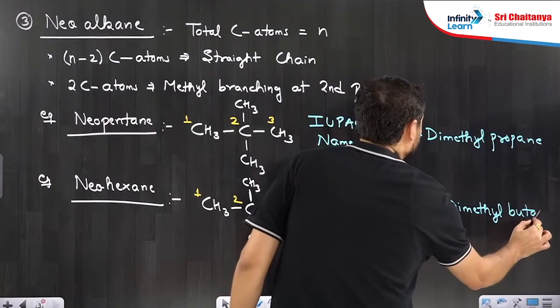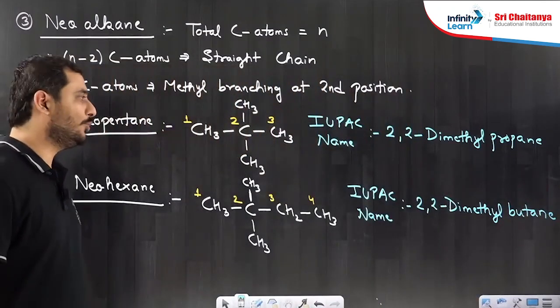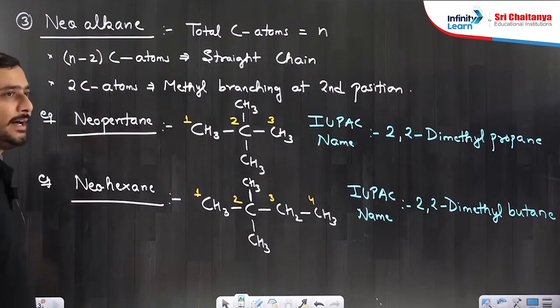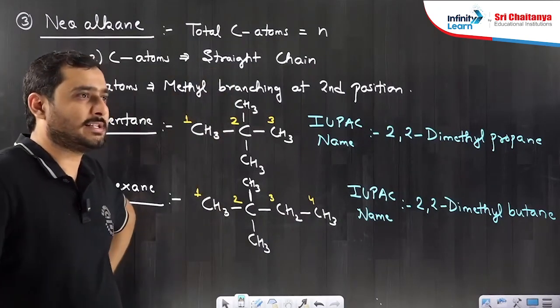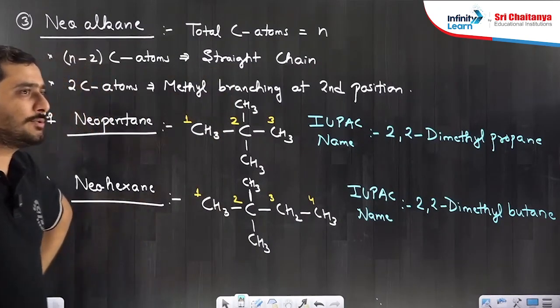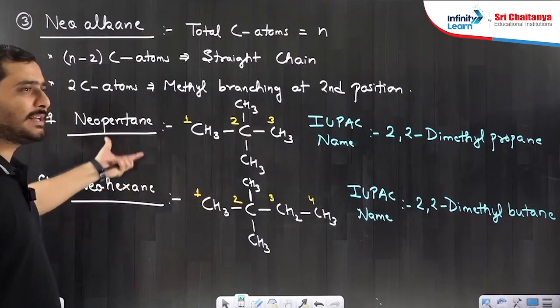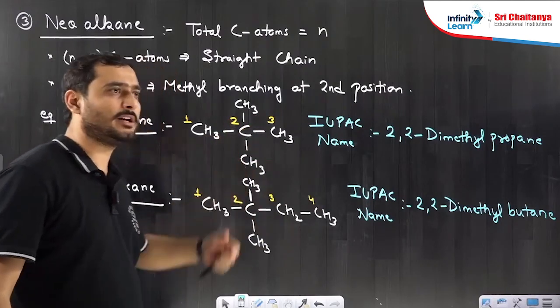But, and for single bond it is ane. So it is 2,2 dimethyl butane. So these are 3 types of alkane. Any doubt in neoalkane, how to draw the structure of neoalkanes? Clear? So all these questions will be there, what is the IUPAC name of neohexane, what is the IUPAC name of neopentane. So we should know the structure for these common compounds.